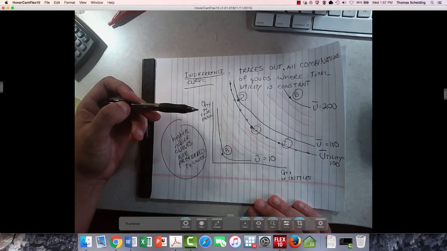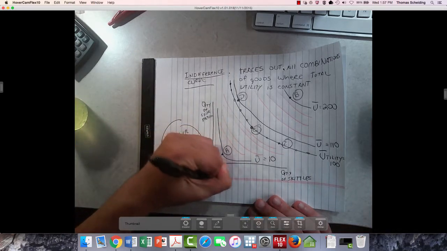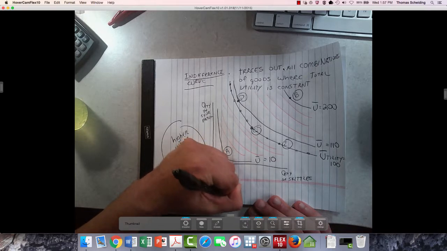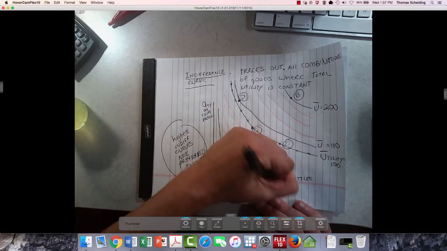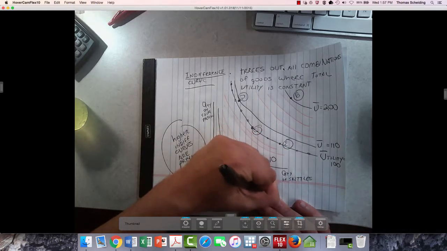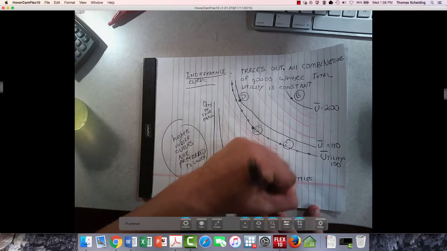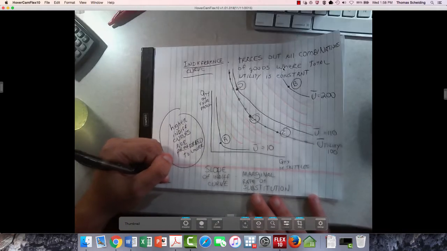So, let's talk about the shape of this curve. The slope of the indifference curve is known as the marginal rate of substitution. Basically, what is my willingness to substitute one good for the other?